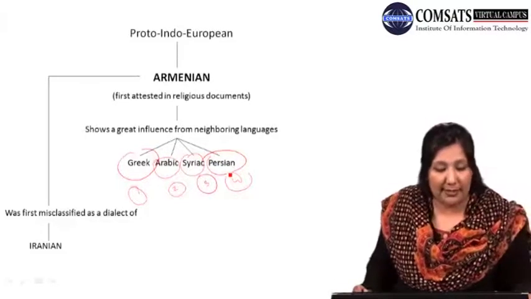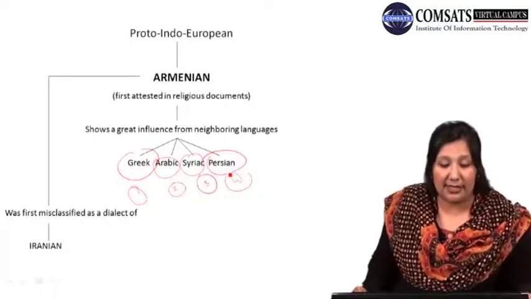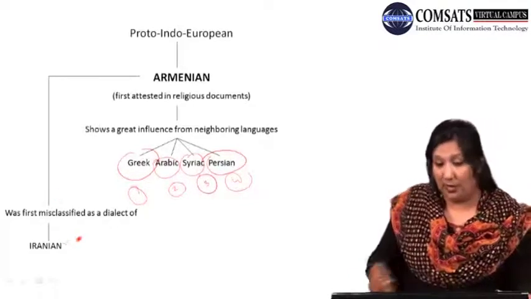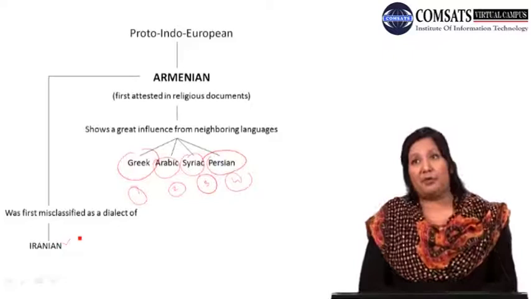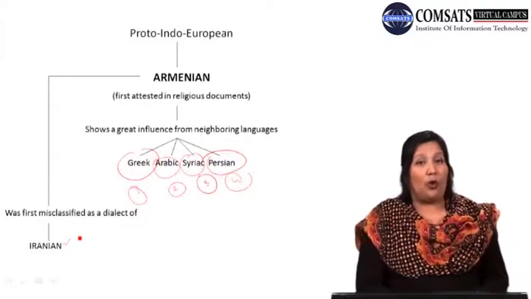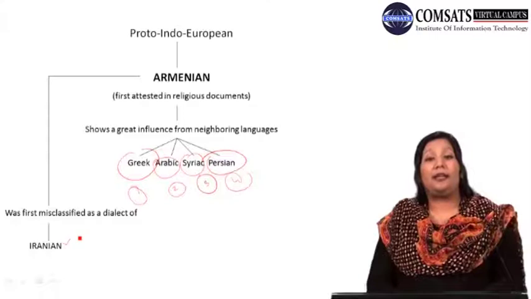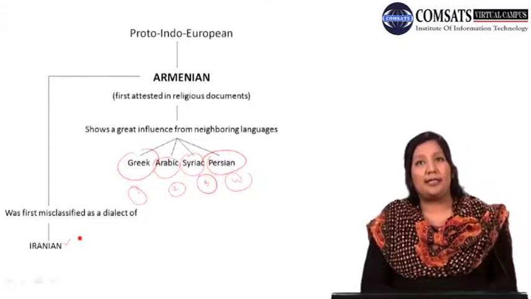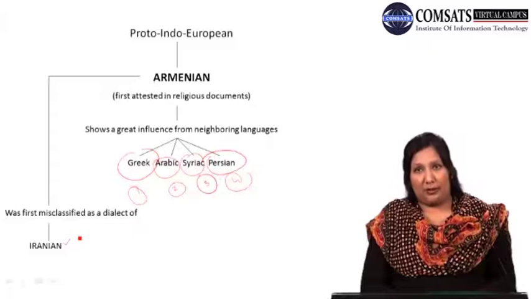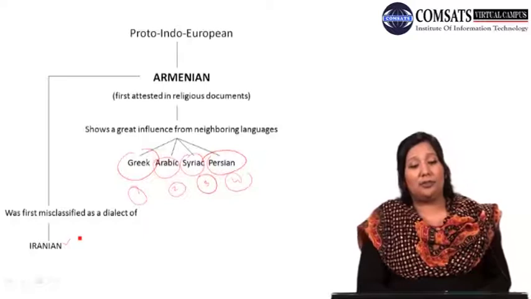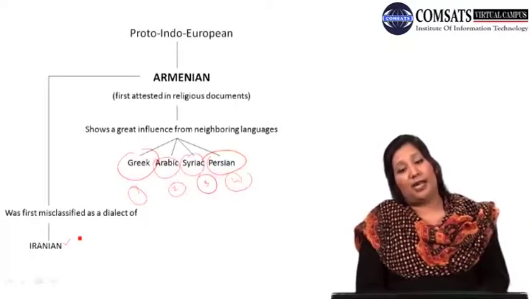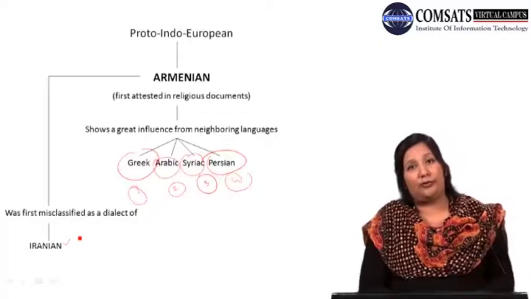It is written that Armenian was first misclassified as a dialect of the Iranian language. Perhaps because of the name, or some misunderstanding, there was a misconception in the old era that the Armenian language is a descendant of the Iranian language.